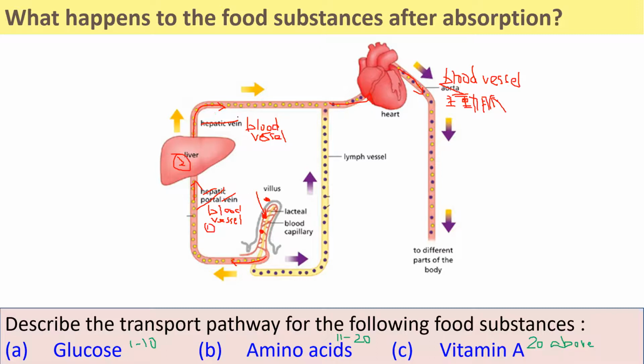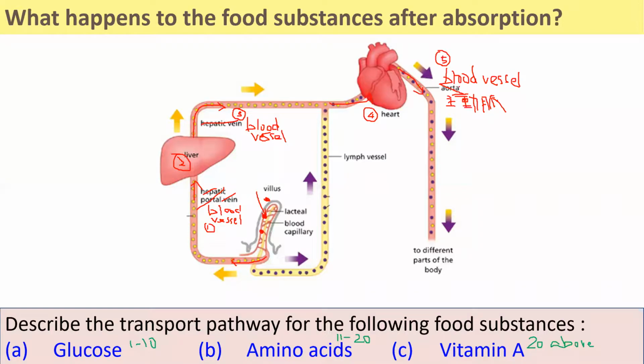After passing through the liver, the glucose will be carried by another blood vessel and finally arrive at the heart. The heart pumps out the blood which contains the absorbed glucose molecule, the yellow one, through another big blood vessel called the aorta.